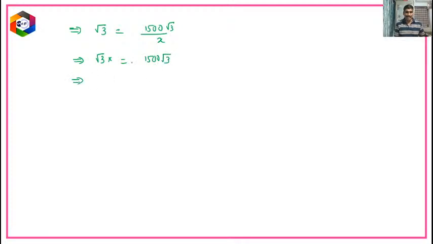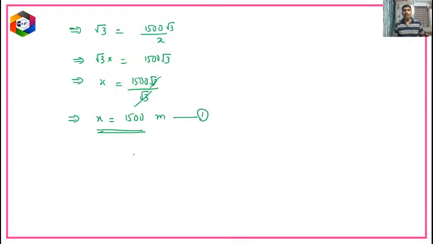Now send this root 3 to that side. So x is equal to 1500 root 3 by root 3. Root 3 and root 3 get cancelled. So x will be equal to 1500 meters. So at the initial stage, while observing the angle of elevation, the distance is 1500 meters.